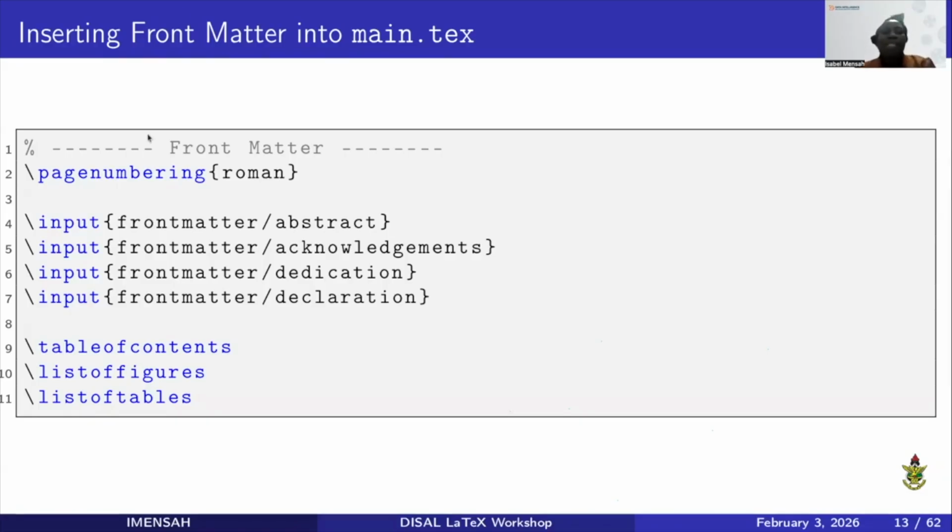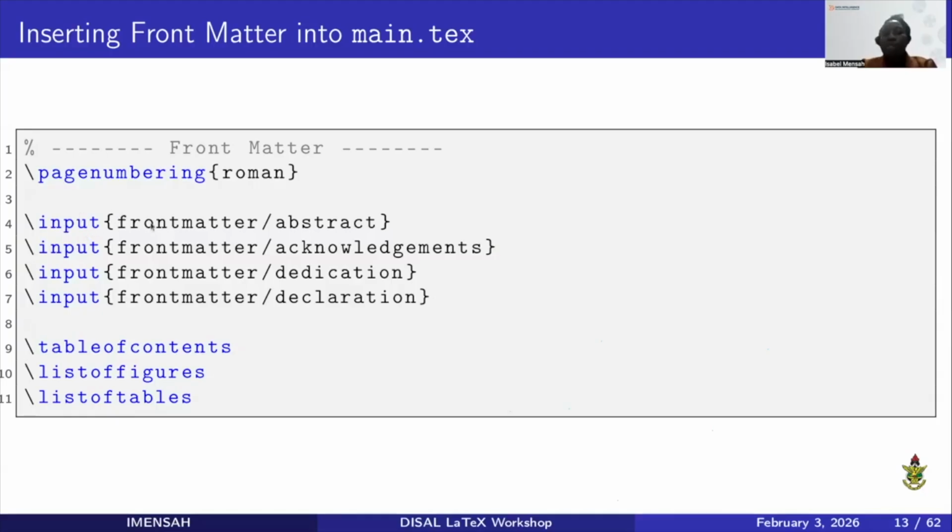Now, the first thing that we were interested in was the page numbering. We said we wanted it to appear as a Roman number. So once again, Albert took you through that. The page numbering for the front matter should all appear as Roman numbers. So the function we call is \input.